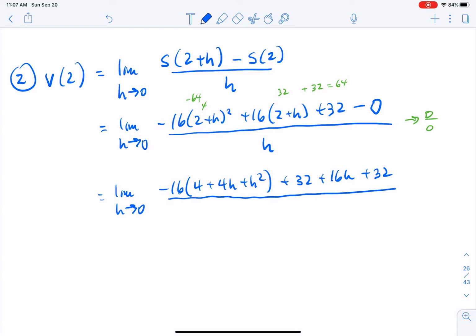Go ahead and subtract the 0 from it. 32 minus 0, I'm pretty sure it's 32. I'll check it at the end just to be sure, though. Okay, over h. And distribute our negative.